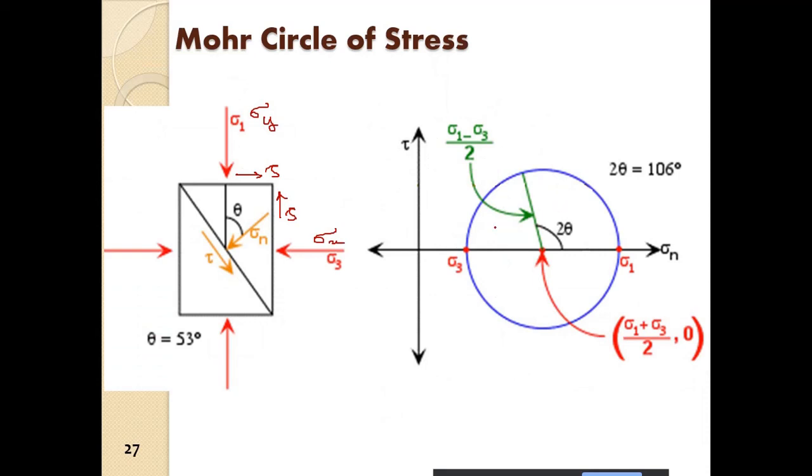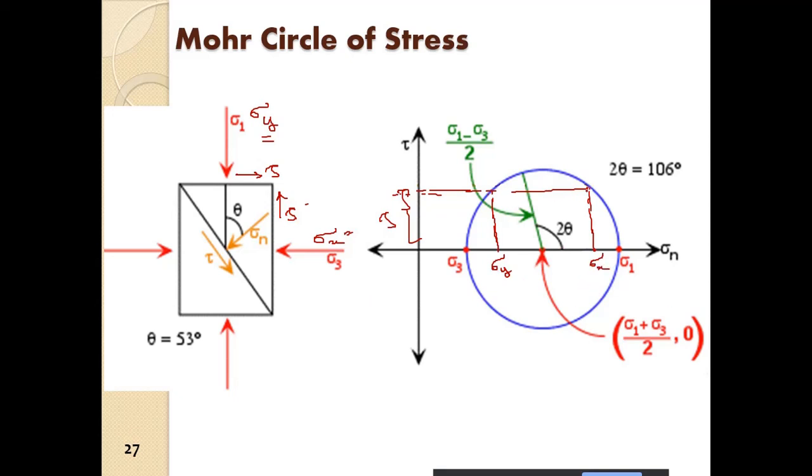So do not panic. And here also, graphically, you can find out if you know sigma y, sigma x and tau. So what you do, you plot tau, so this is tau, and you plot sigma x, so this is sigma x, and this will be sigma y, or maybe opposite.